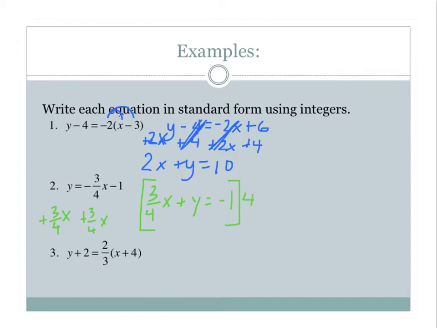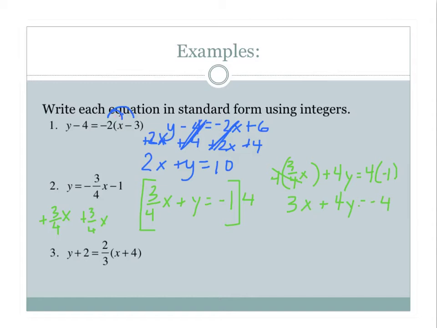So 4 times 3/4 x, 4 times y, and 4 times -1. So this is 3x, and then we have plus 4y equals -4. Nicely done. Everything is integers. X term has a positive coefficient. Last one.